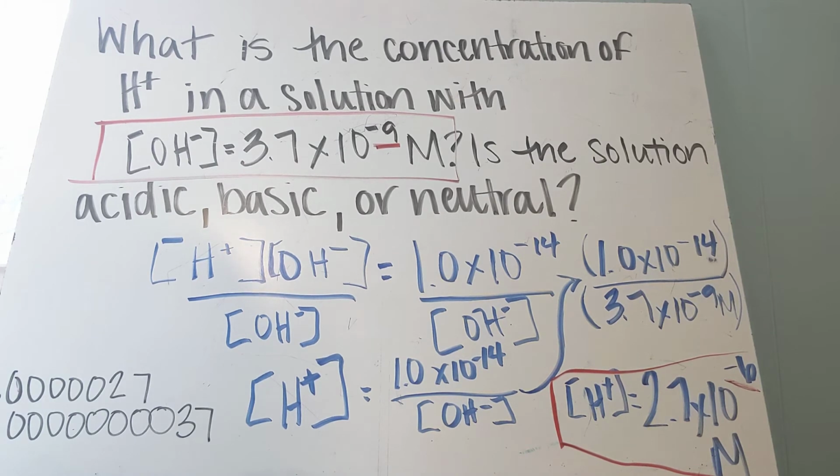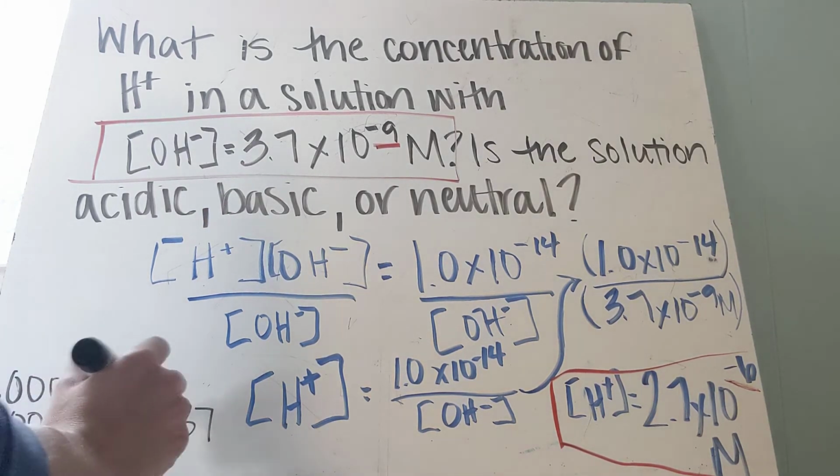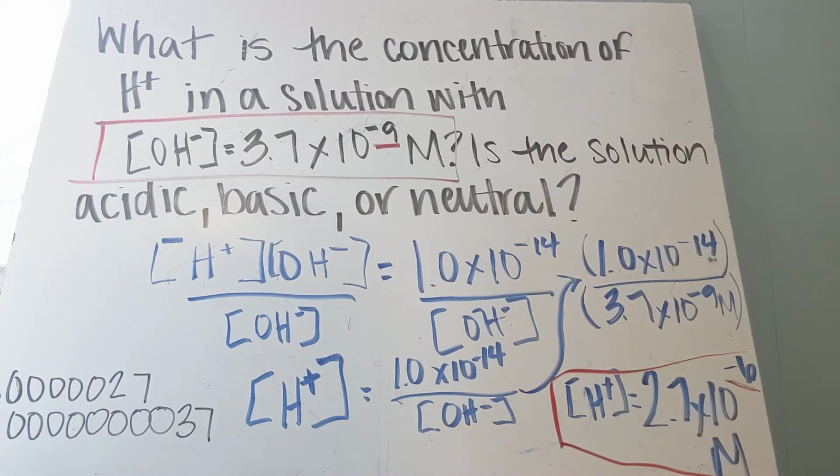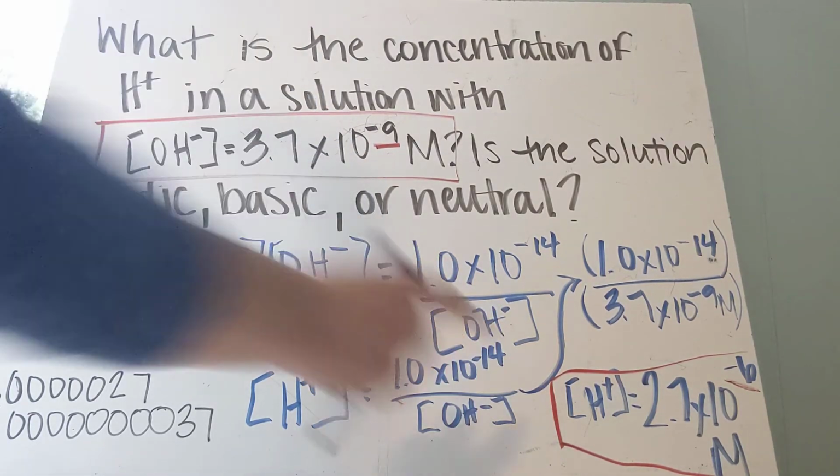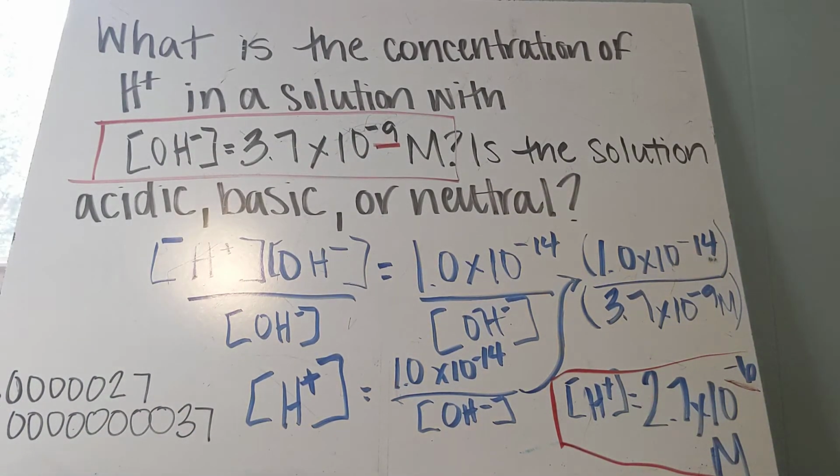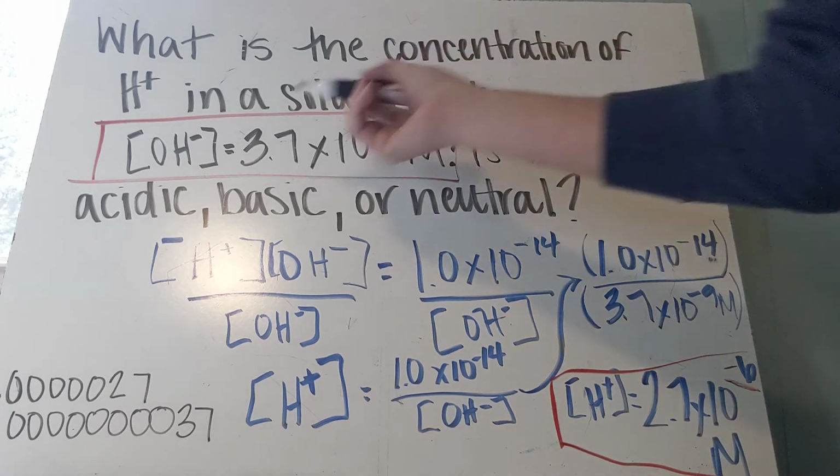So which one of those numbers is smaller? This second one for sure is smaller, and that's representing my OH minus concentration. So my H plus ion concentration is definitely bigger. If my H plus ion concentration is bigger, then this is an acid.